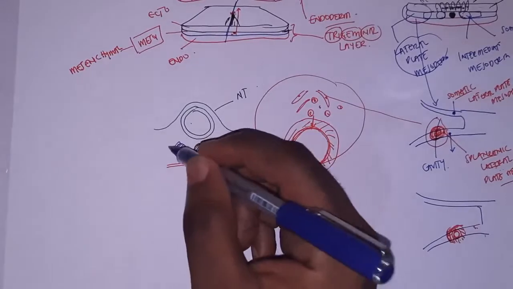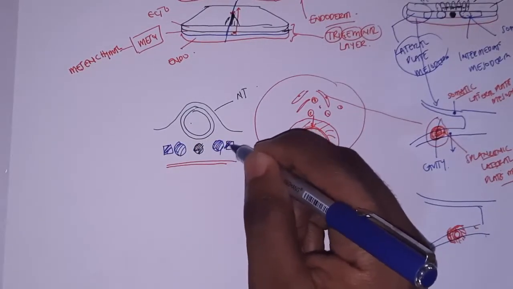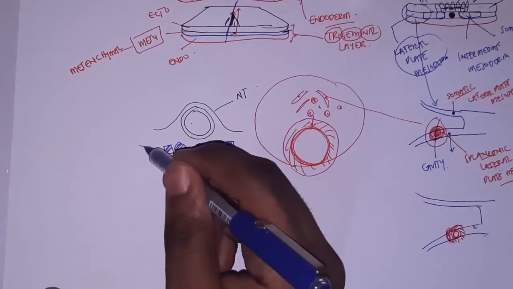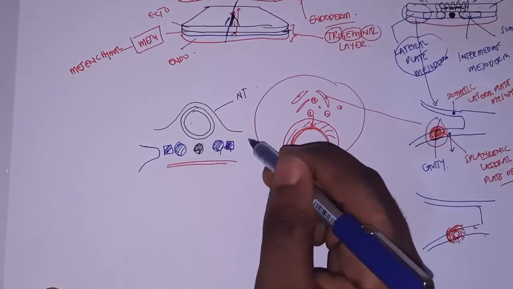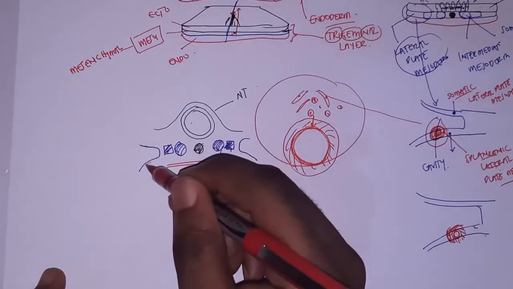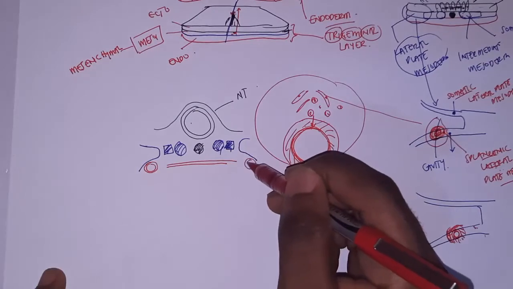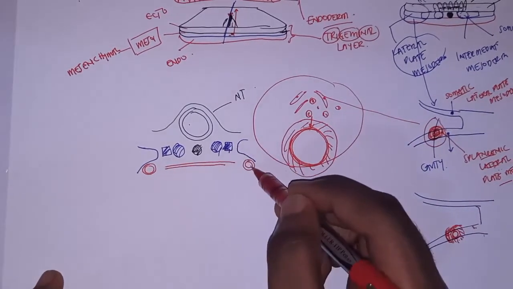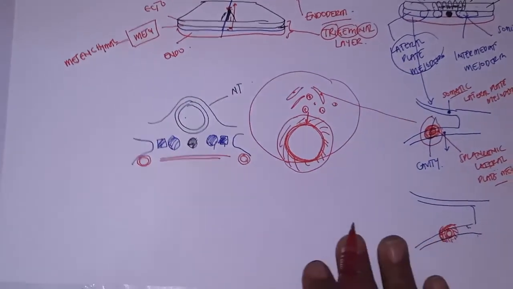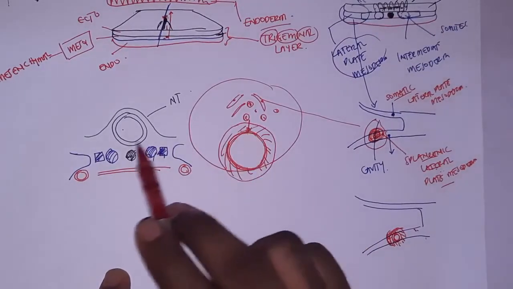Remember, you have the somites, the intermediate mesoderm, and the lateral plate mesoderm with these tubes. Remember the tubes that I discussed that were formed here in the lateral plate mesoderm.